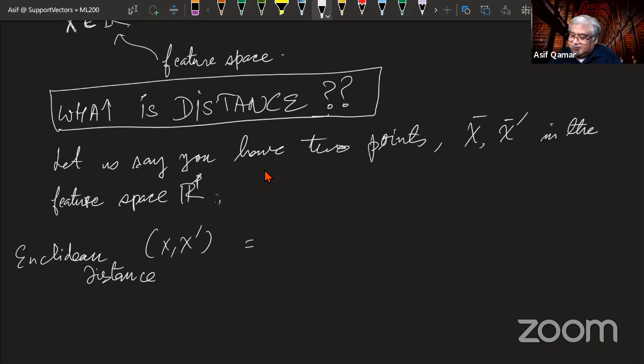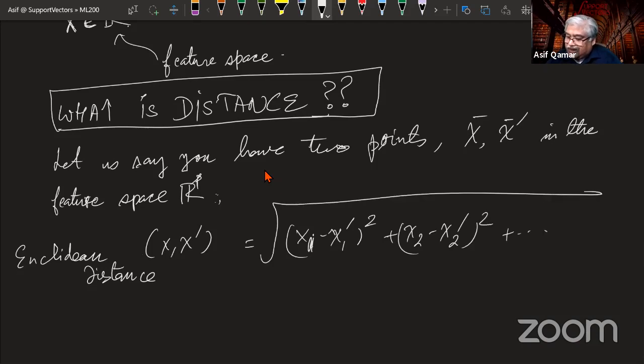The Euclidean distance between these 2 points is the sum of (xi minus xi prime) component-wise squared, that is, x1 minus x1 prime squared plus x2 minus x2 prime squared if it is a 2-dimensional space, and then the square root. Would you agree that this is your Euclidean distance?